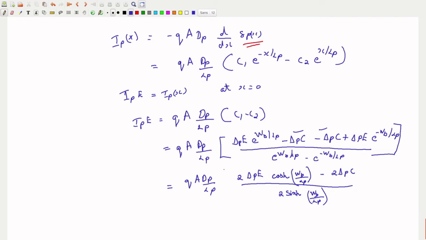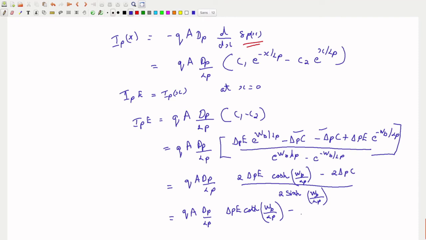This can be further simplified by taking the cosh divided by sinh is coth. That knowledge we are making use of, so that this can be written as QA dP by LP delta PE coth WB by LP, minus 1 by sinh is cosech.